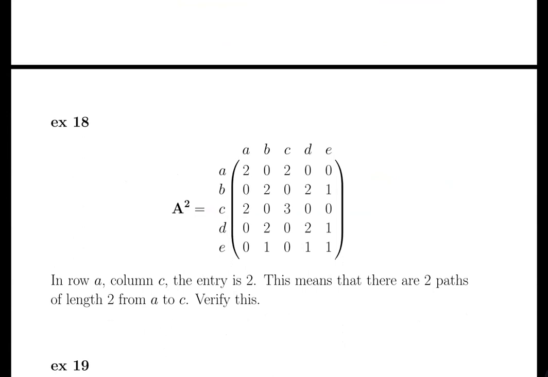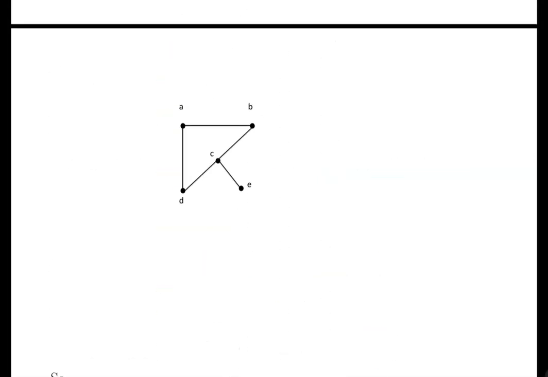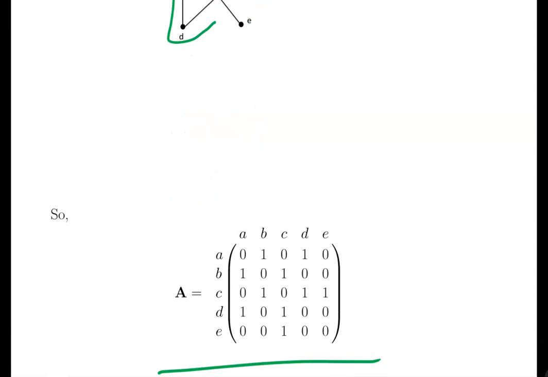You get these particular values here. Now take a look. In row A, column C, the entry is 2, right? Because it's A squared, those are paths of length 2. So there have to be two paths of length 2 from A to C. So are there two paths of length 2 from A to C? Yeah, there's 1, 2, and there's the other one. So yeah, there is. So it's kind of neat.